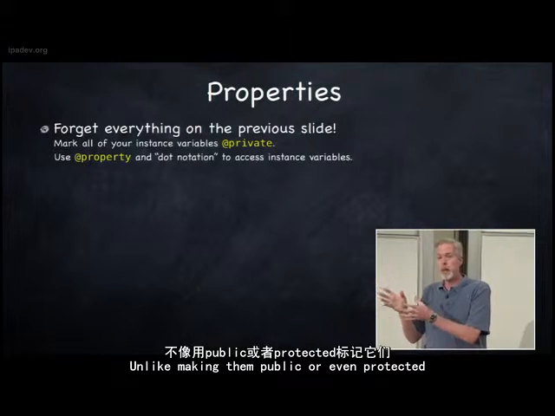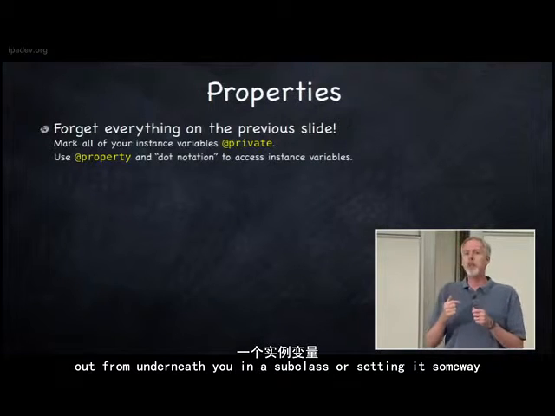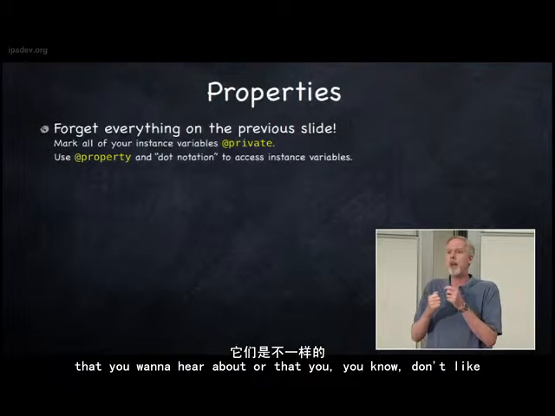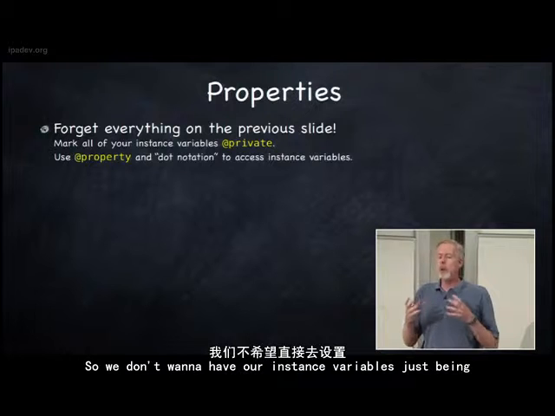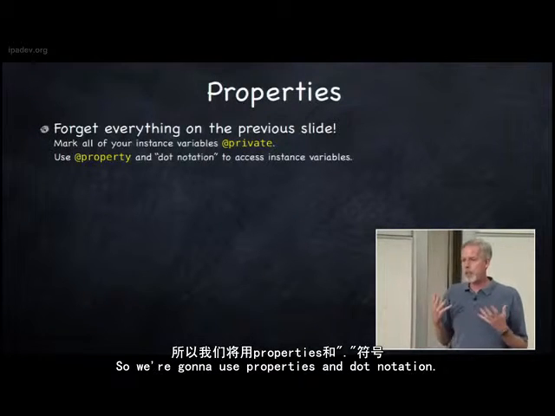Unlike making them public or even protected, where someone might be setting that instance variable right out from underneath you in a subclass, or setting it some way that you want to hear about, or that you don't like, or is out of bounds. Okay, so we don't want to have our instance variables just being set directly. So we're going to use properties and dot notation.